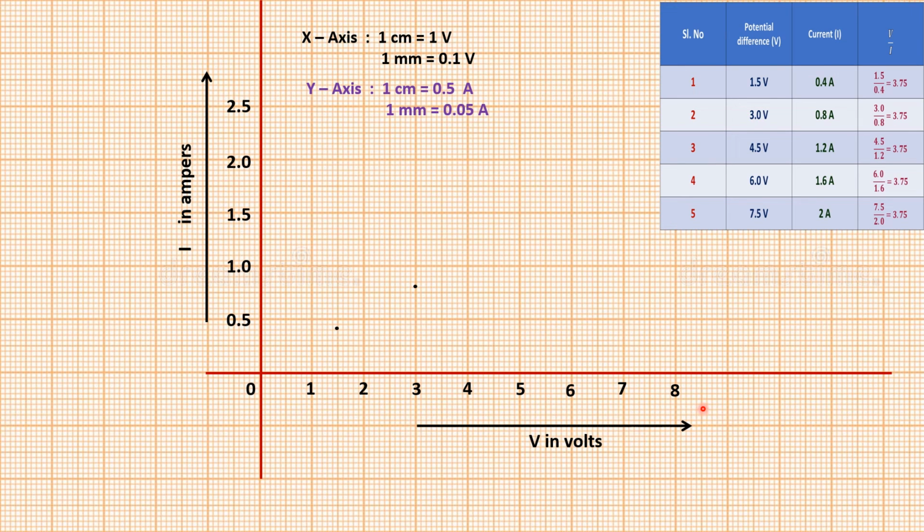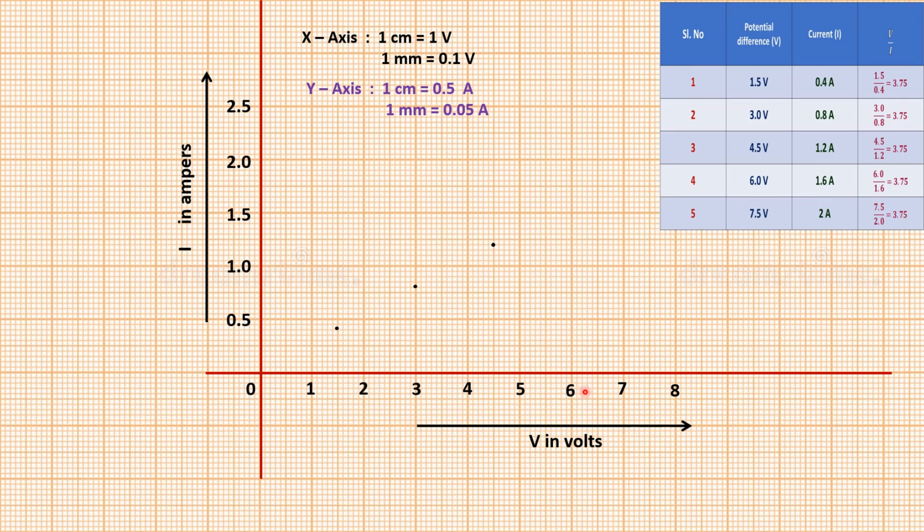That's all. Similarly, 4.5 volts here. Here it is 1.2 amperes. 1.2 divided by 0.05 gives 24 divisions we have to show. So 4.5 volts here, here 20, 24 divisions here. That's all.